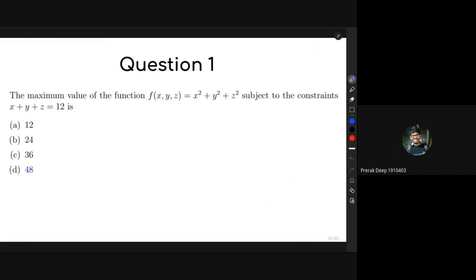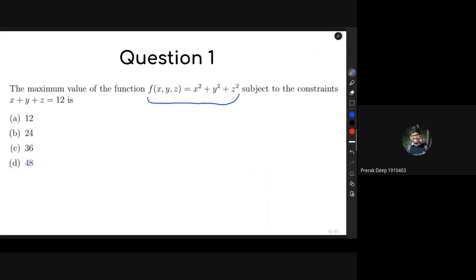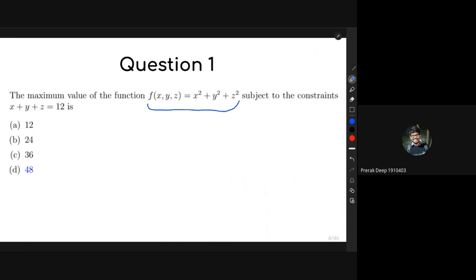In this case, you are given a function, and it is satisfying this particular equality. Now what is this particular constraint? This constraint is the equation of a plane. If you are familiar with coordinate geometry, you may recognize this equation as the equation of a plane.